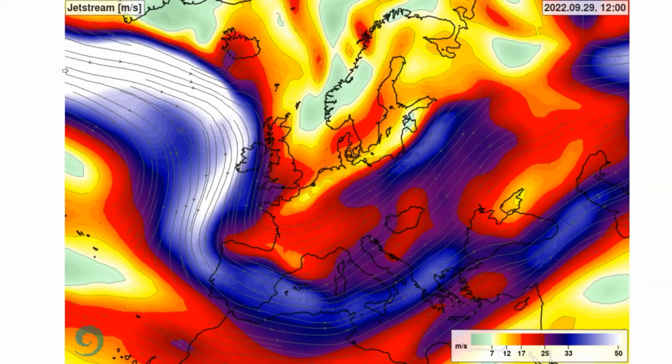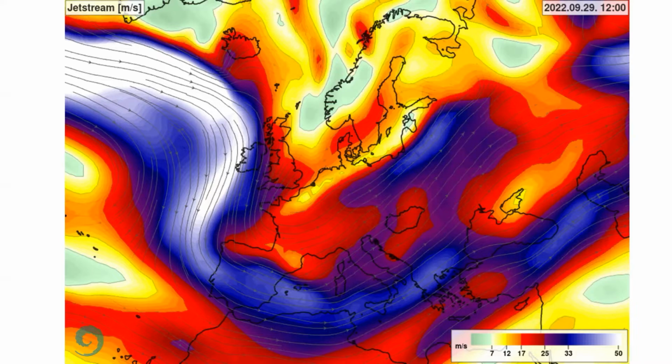So this is the strong jet stream from the North Atlantic across Ireland and Spain and Italy to Southeast Europe. And this jet stream draws out for us a long wave trough.